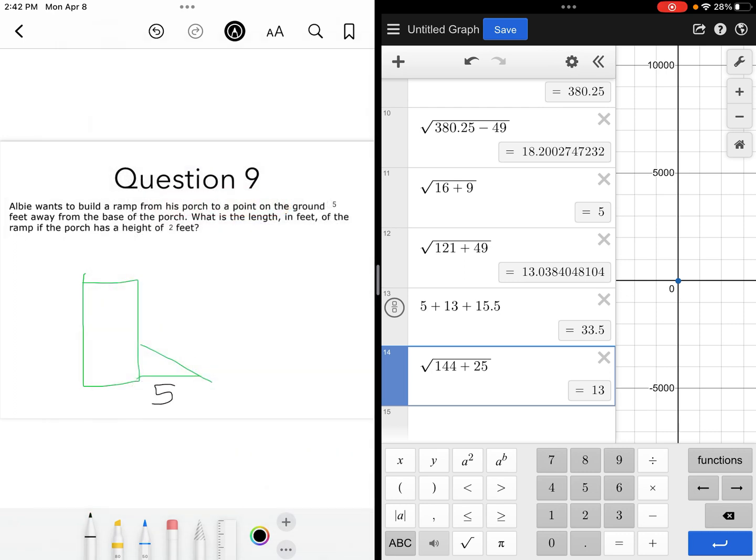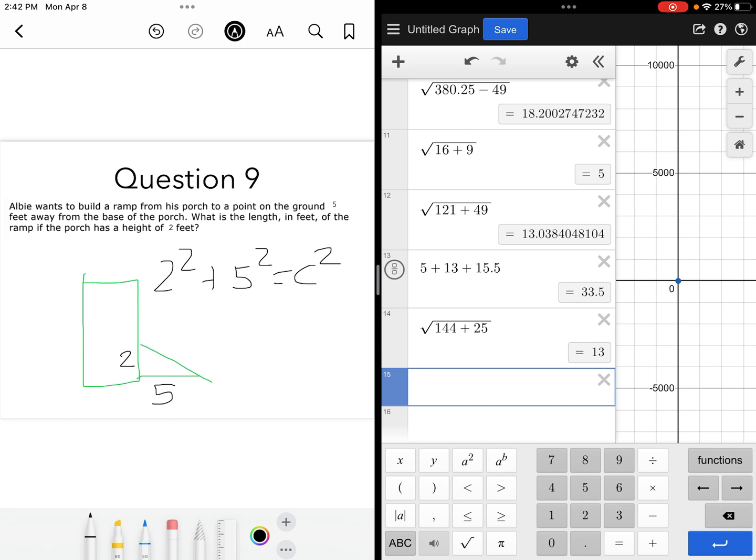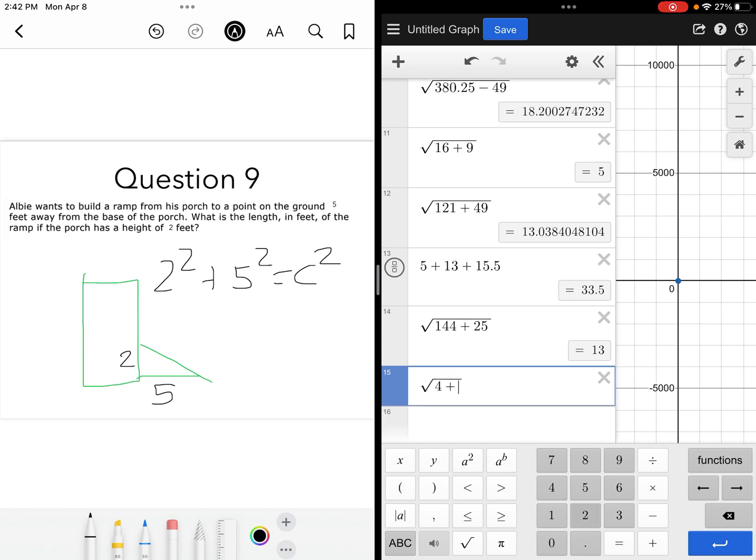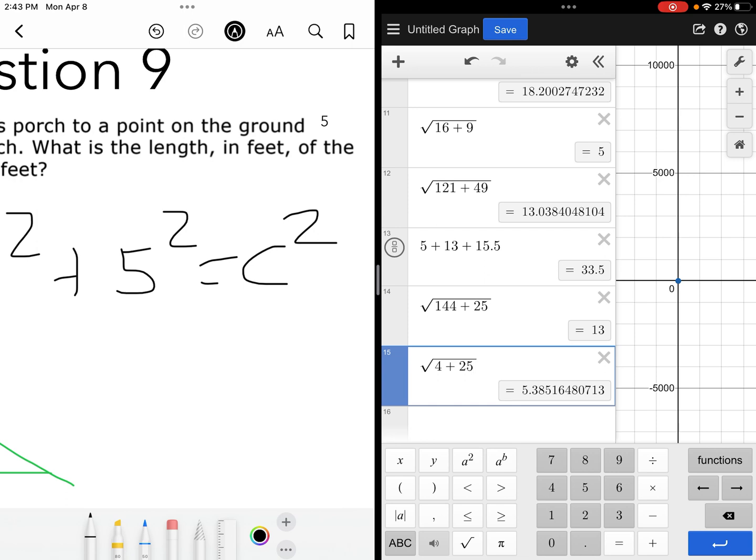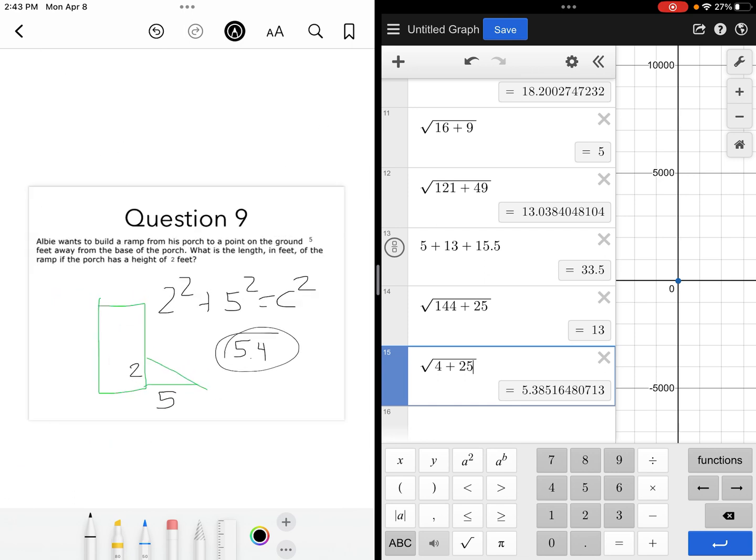And then what is the length in feet of the ramp if the porch has a height of 2? So it would be 2 squared plus 5 squared equals c squared. So I've got the square root of 4 plus 25. So I get 5.38 or 5.4. That's the length.